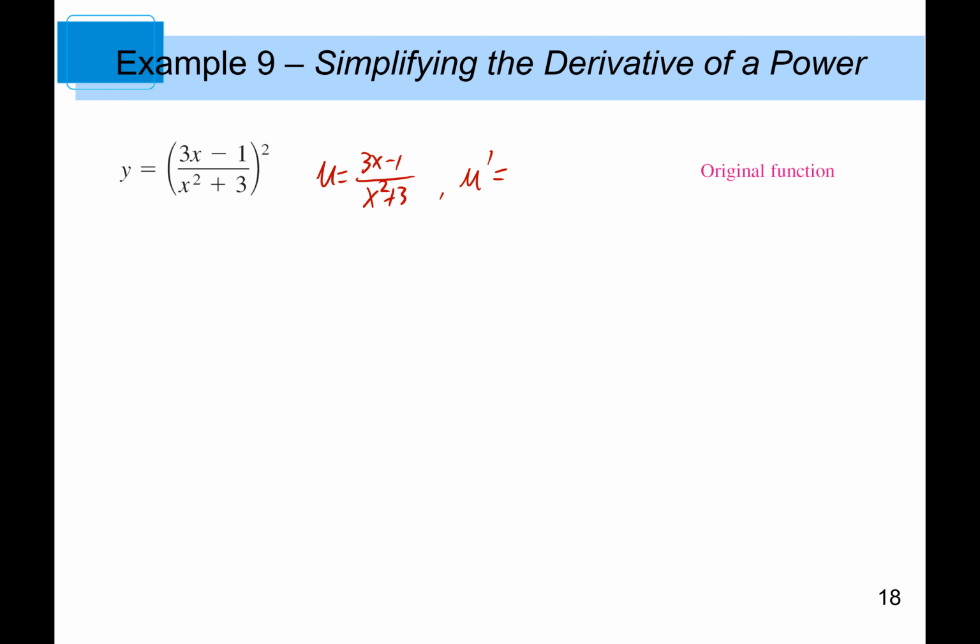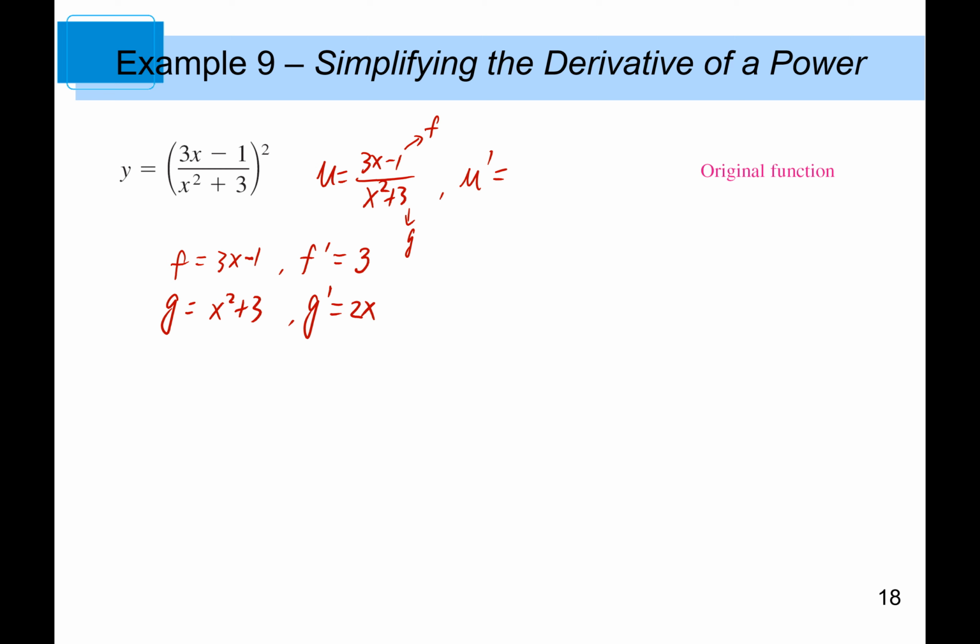So this is f, that's g. So f equals 3x minus 1, so f prime is gonna be just 3. Okay. And g equals x squared plus 3, so g prime is 2x plus 0, so it's just 2x.